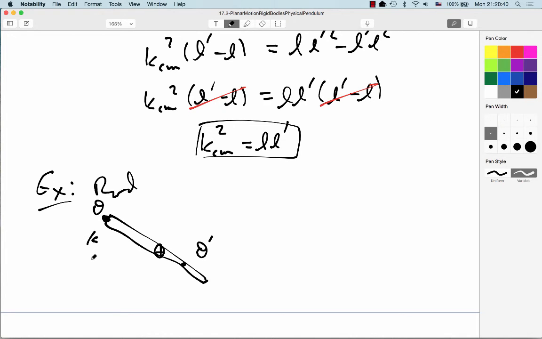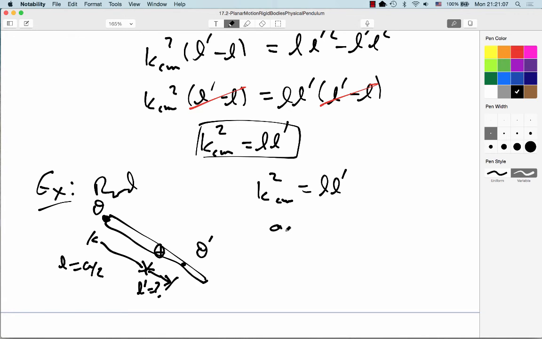So here, this is going to be our distance L, which we'll say is A over 2, saying that the whole rod is of length A. And then we want to find our L prime. Well, okay. So K_CM squared equals LL prime, but we already showed that K_CM squared is A squared over 12. L we worked out is A over 2. Okay, cancel, cancel. We are left with L prime equals A over 6.